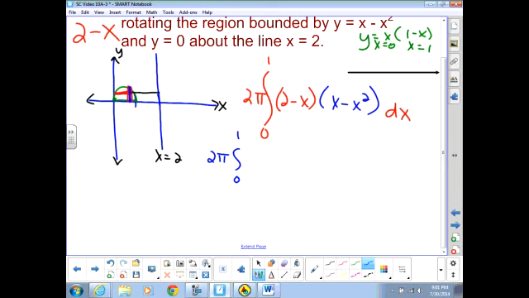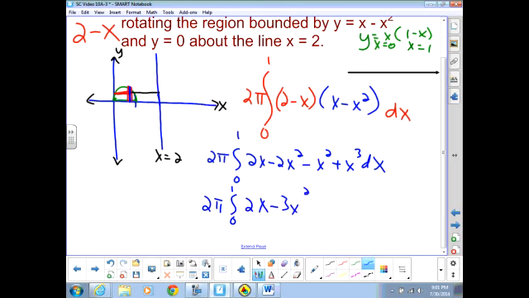When we FOIL out, we'll get 2x minus 2x squared minus x squared plus x cubed dx. When we neaten that up, that'll be 2x minus 3x squared plus x cubed dx.